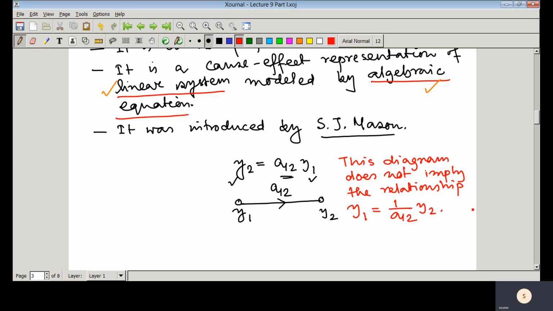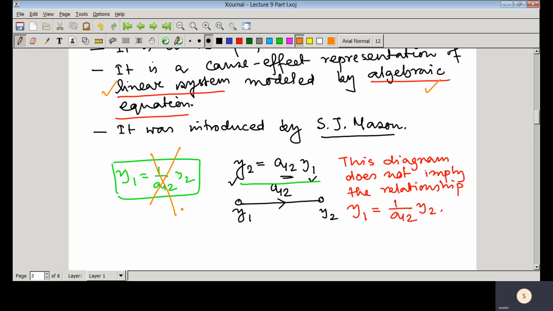This is the mistake we normally make. Since we have taken the algebraic equation form, y2 equal to a12 into y1, we might say that y1 would be equal to y2 divided by the gain. But this particular representation is not valid in this case.